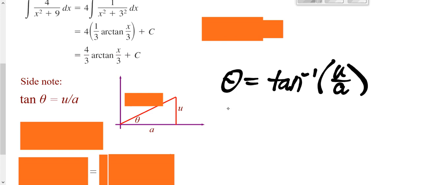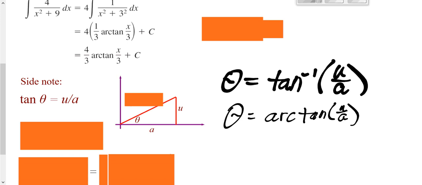Remember, tangent inverse is the same thing as arc tangent. So if you wanted to do the derivative of this, well, what you would do is essentially do it like we've done before. You'd want to just get it into terms of tangent because you know how to do the derivative of tangent. So do the tangent of each side, you get this.